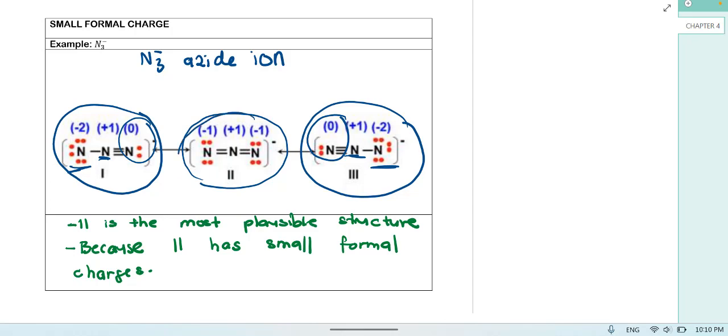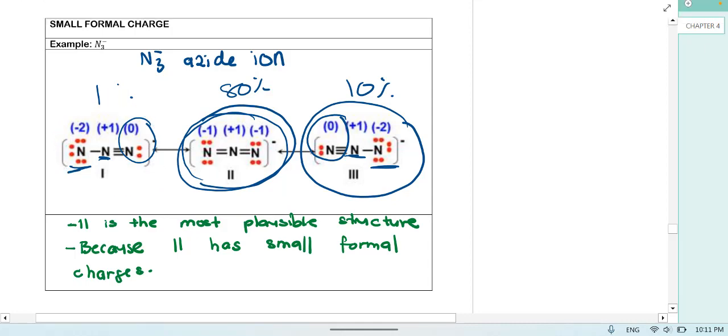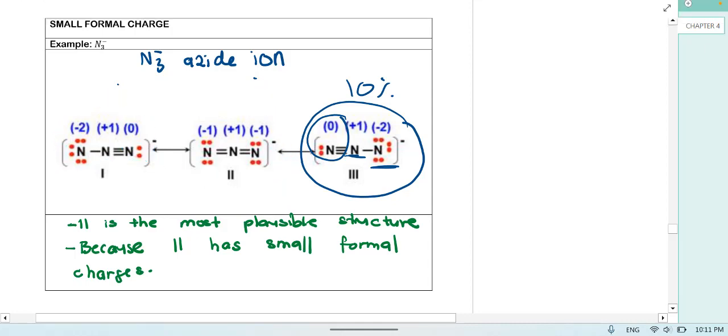Structure number 2 exists dominantly compared to the other structures. Structure number 2 might exist 80%, and this one only exists 10%, this one only exists 10%. So that is the meaning of most plausible structure: the structure that exists the most.